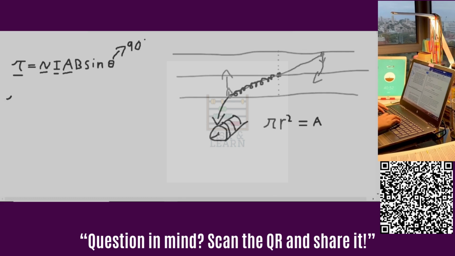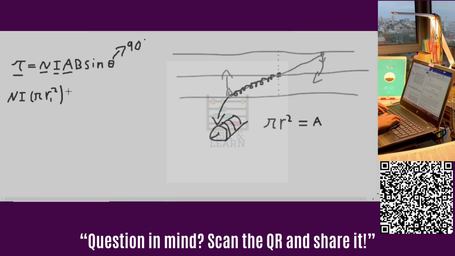So we don't need tau because we're told that they have the same maximum torque. So we can set this equation for the first one equal to the equation for the second one, like so. We have N's the same. I's the same. We have the area, which is pi r squared, but we have different radii. So I'm going to call this one radius 1.